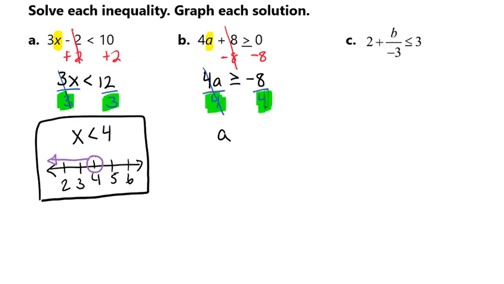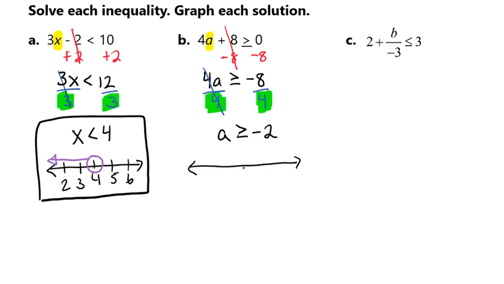And because our 4's were positive 4's, our symbol gets to stay the same. And negative 8 divided by 4 is negative 2. So it doesn't matter that the 8 was negative. That's not what flips the symbol. It's about what the denominator is, what that number is that you divided. So it's about that number right there.